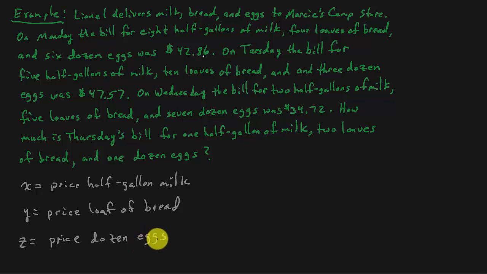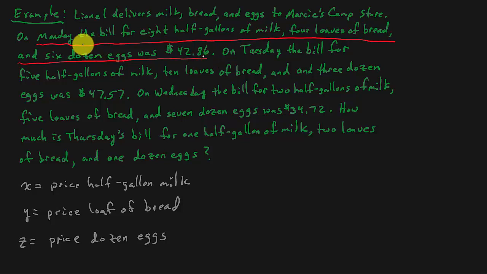All right, so let's go ahead and get our equation. So this ought to be pretty easy. First let's just take what it says for Monday. Okay, that's this. Let's set up the equation for Monday because it tells us how much it cost.